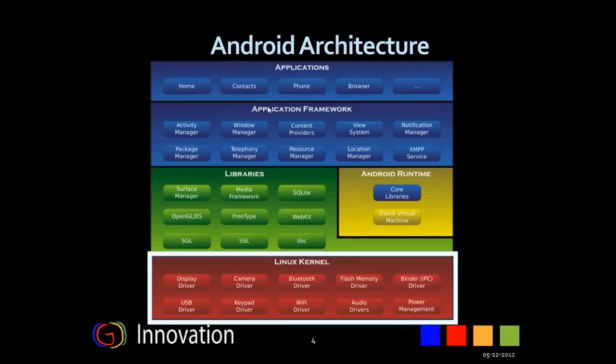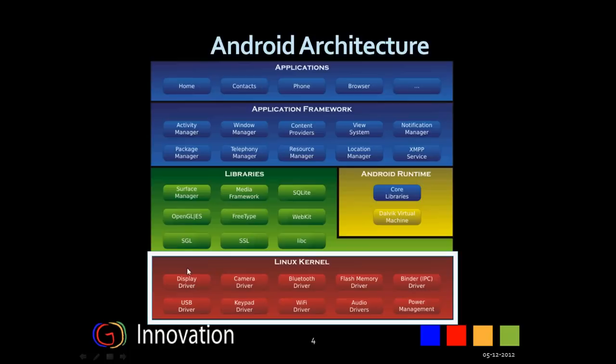The whole operating system is built on top of Linux 2.6 kernel with some further architectural changes made by Google. It is this Linux that interacts with the hardware and contains all the essential hardware drivers. Android uses Linux for all its core functionality such as memory management, process management, networking, and security settings.